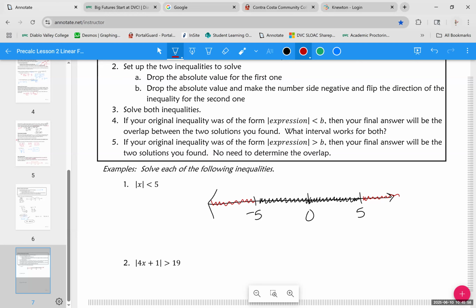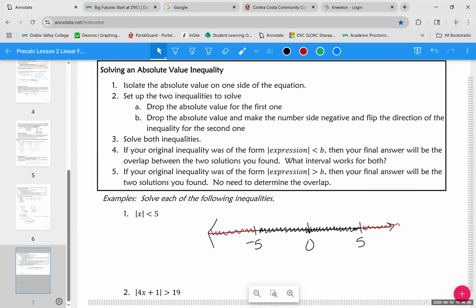The way we're going to do that is we're still going to set it up in the first 2 steps in the same way. You're going to isolate the absolute value and then make your 2 inequalities. So you just, again, drop the absolute value for the first one, same process. Drop the absolute value, make the number sign negative, that's all the same, and flip the direction of the inequality.